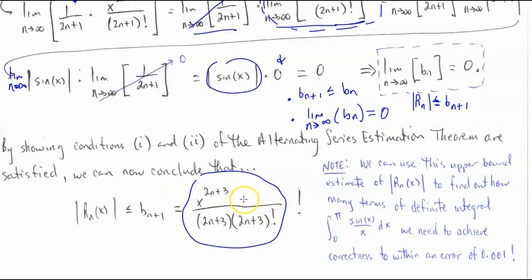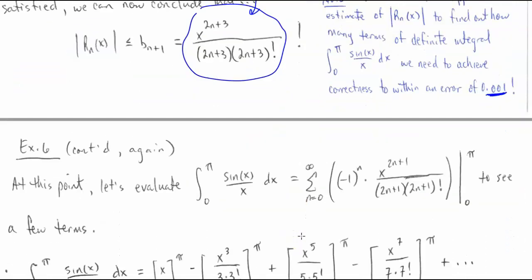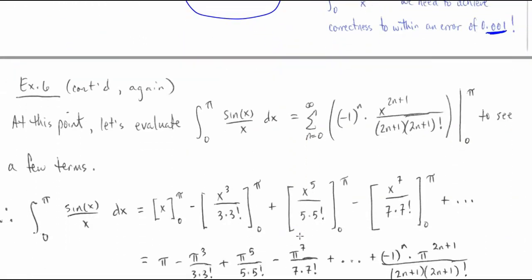Okay. So now that we know that, all we have to do is keep on plugging in values of n into this expression until we get a number that is lower than this 0.001. Okay. And so that's what we're going to do next here after we, of course, go through the whole thing of taking the antiderivative.